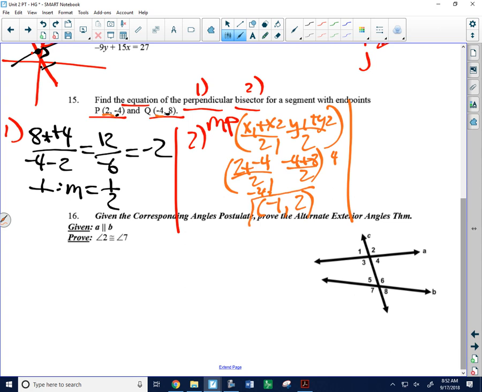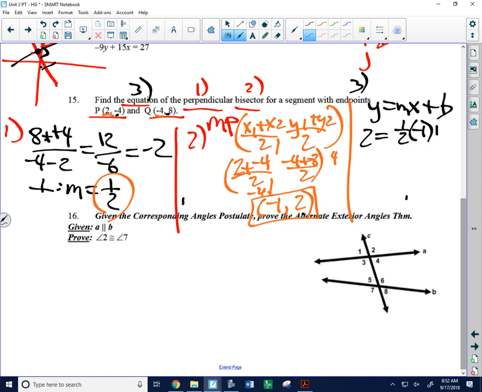So I'm trying to squeeze it in here. So there's my point, here's my slope. To do the equation, I'll do slope intercept on this one. So this is step 3. It says find the actual equation, and you have a point, you have your slope. So in this form, I'll plug in y is 2, m is 1/2, and x is -1.